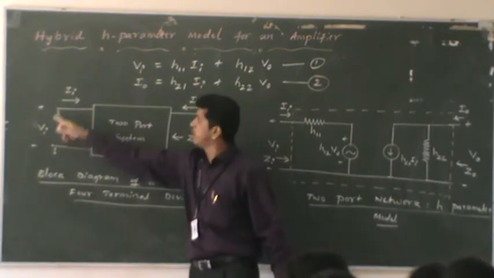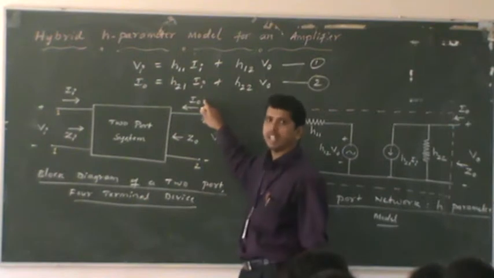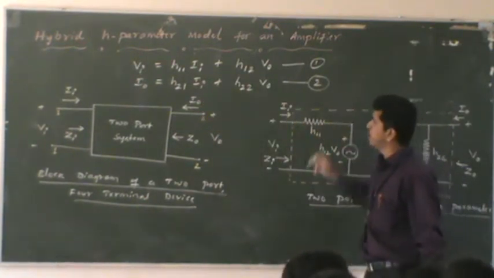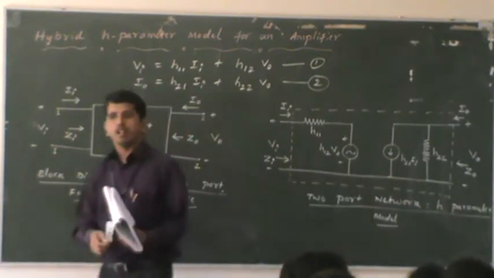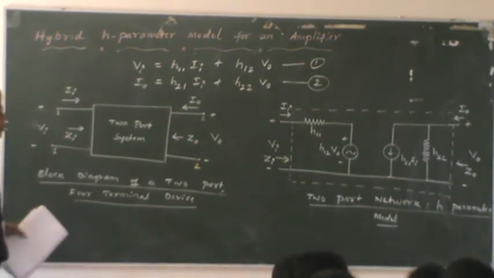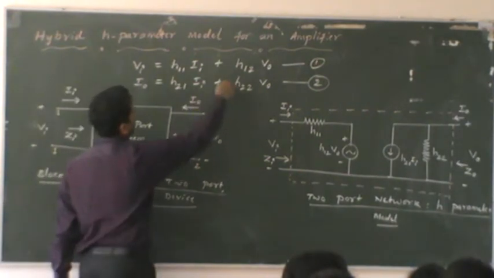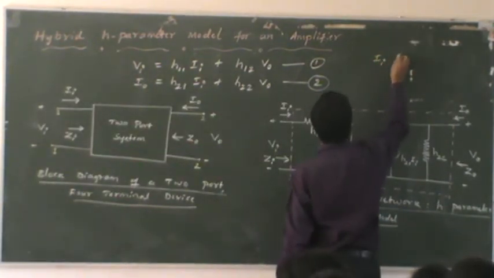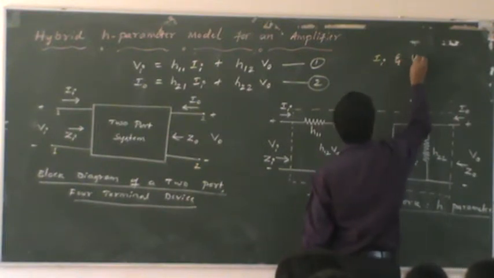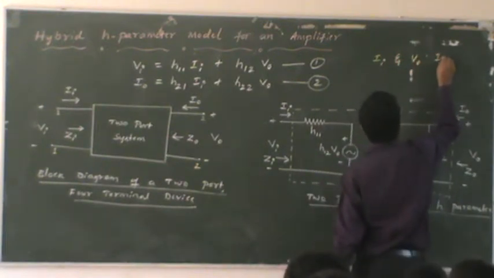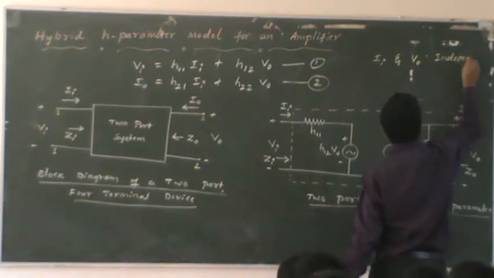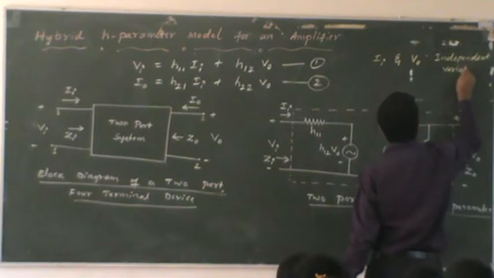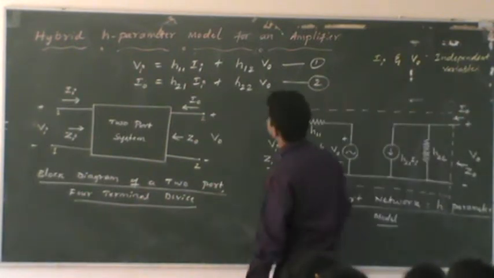The variables Vi and Ii, V0 and I0, how they are related to each other, that is defined by equation number 1 and 2. All variables are not independent. You can see that among these 2 equations, the independent variables are Ii and V0.